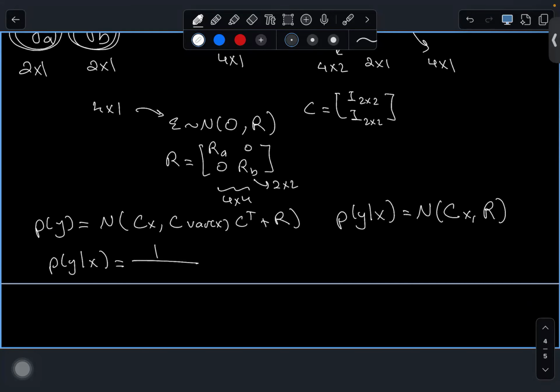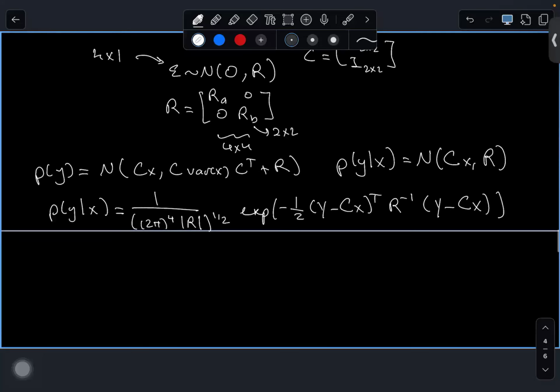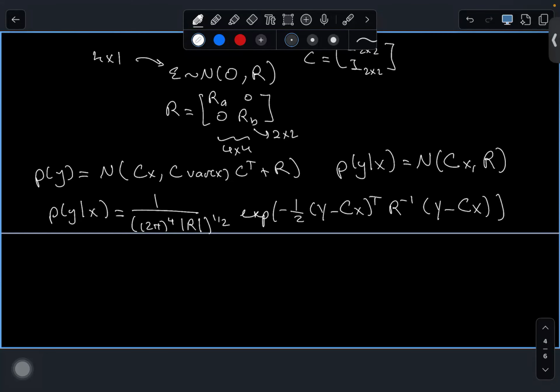The number of dimensions is 4 because Y is a 4-dimensional vector. So I have 1 over 2 pi raised to the 4 times the determinant of R raised to the 1/2. So the probability, of course, is just a number, and it's equal to this multidimensional representation of a Gaussian. Y is a 4 by 1 vector, R is a 4 by 4, and so forth. So this is how we write the likelihood.